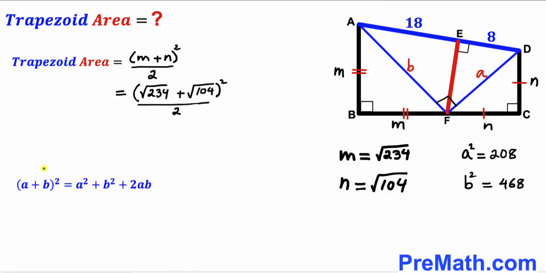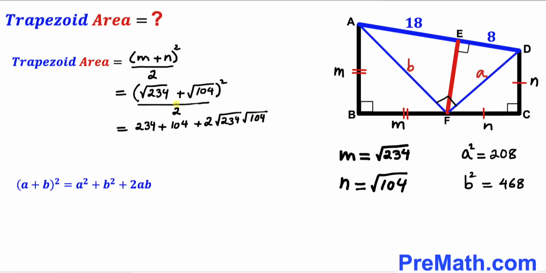And now let's recall our famous identity. A plus b whole square could be written as a square plus b square plus 2 times ab. We are going to apply this identity on the numerator. So therefore we are going to have the square root of 234 squared is going to give us 234 plus 104 plus 2 times the square root of 234 times the square root of 104.